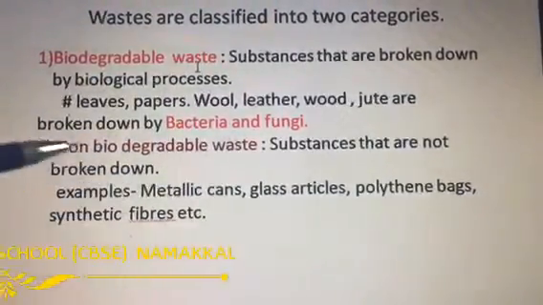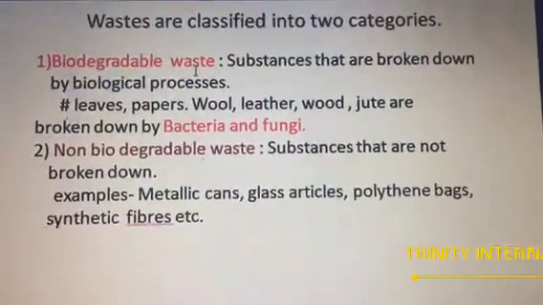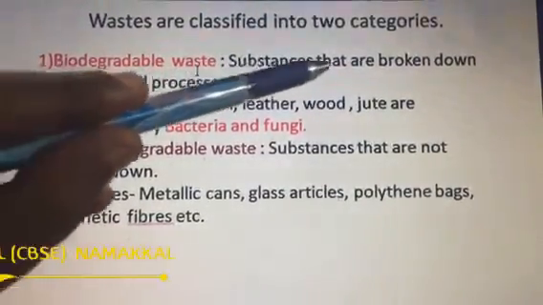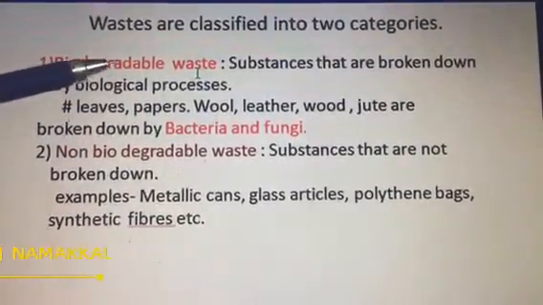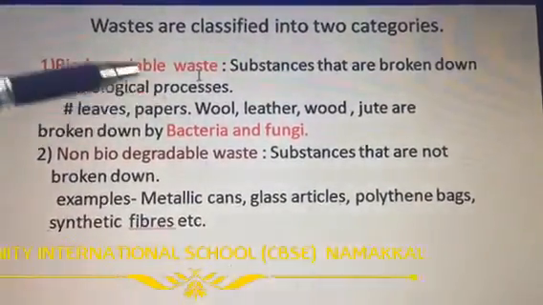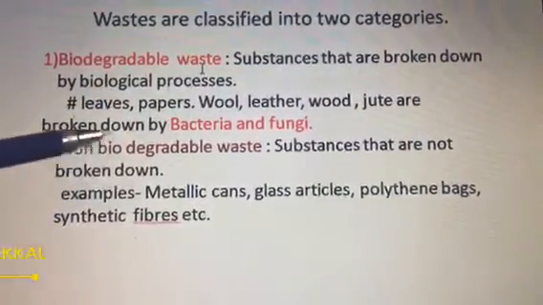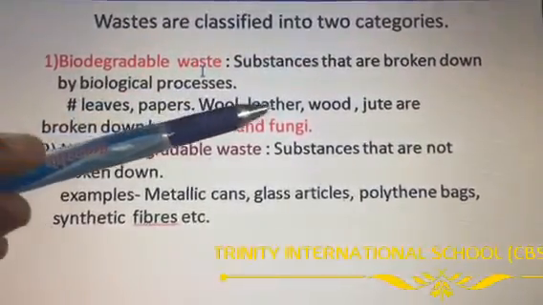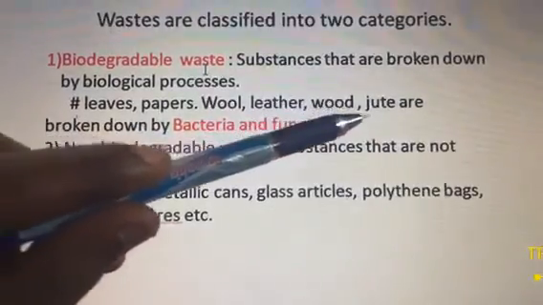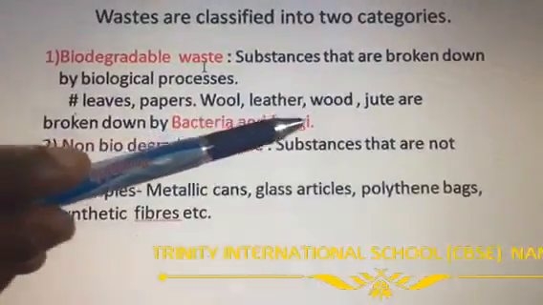Biodegradable waste: substances that are broken down by biological processes. Examples: leaves, papers, wool, leather, wood, and jute are broken down by bacteria and fungi.